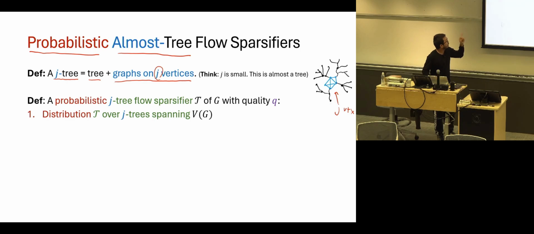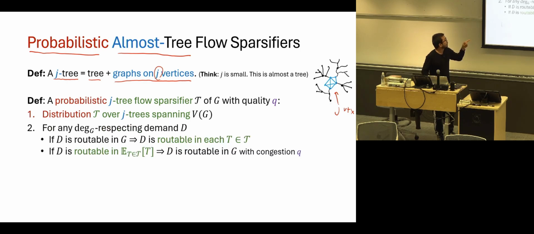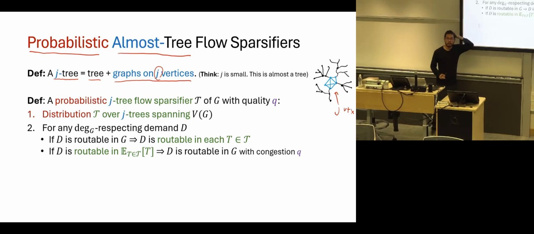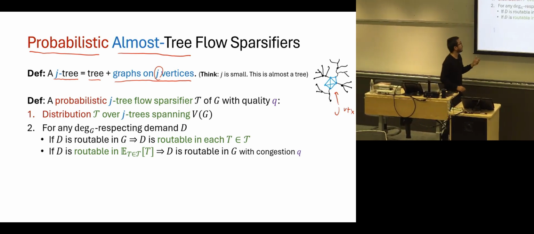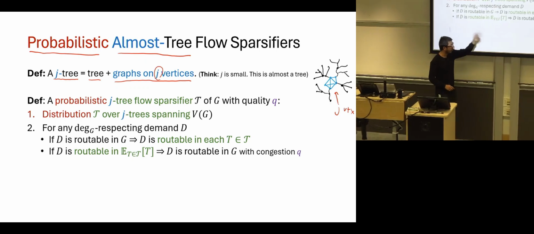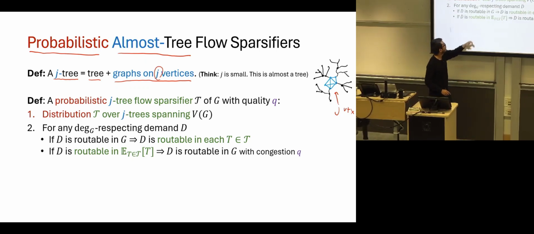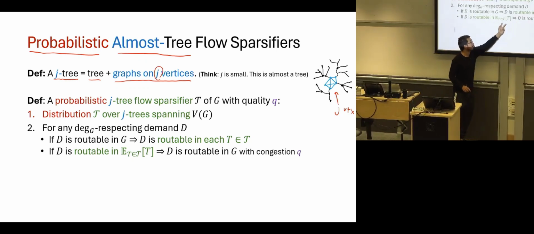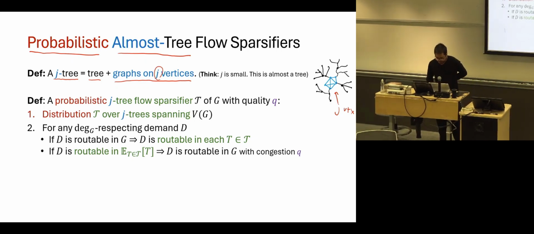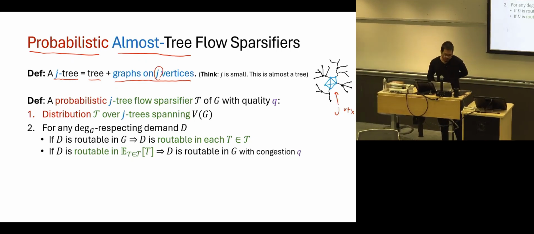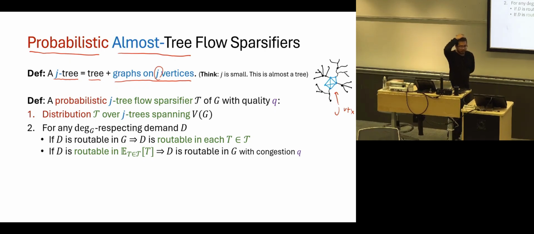Now it's a distribution over J-trees, and here is the same. If the demand is routable in G, it's routable in every J-tree. If it's routable in the average of these, then it's routable in G. Okay. So why do people study this?